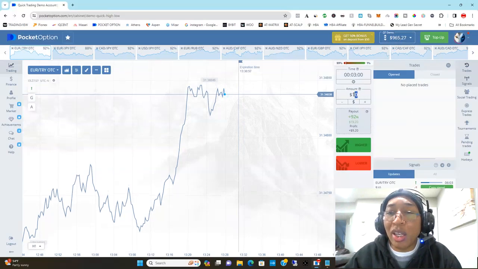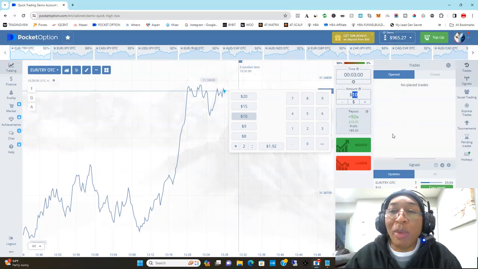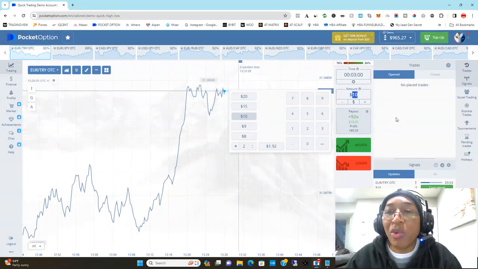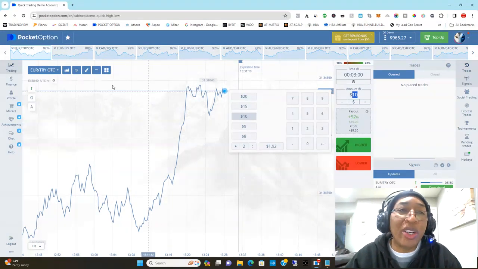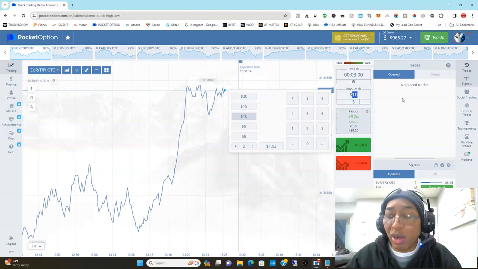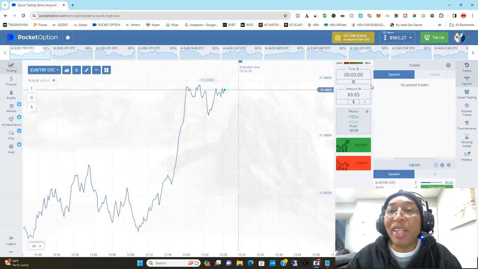Okay, let's put one. No, this account is 965. So I'm going to use only 1% of my account to take a trade, because you don't want to risk more than 1% if you are trading OTCs. They are very volatile. So 965 is what's in the account right now. So I'm going to put 9.65. Okay, that's 1% of the account.